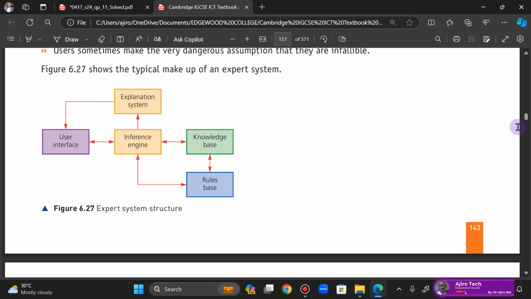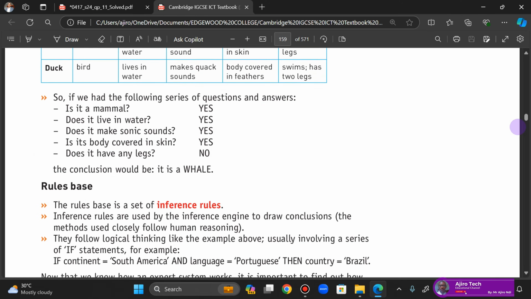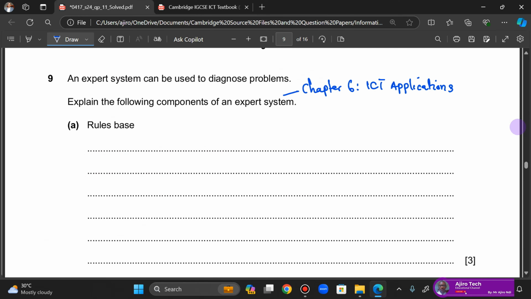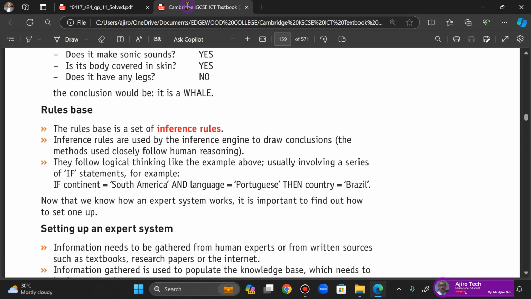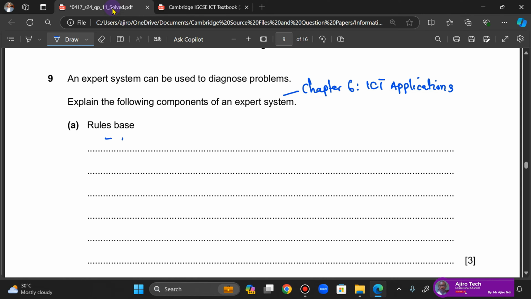Now they want to talk about the rule base. They said explain the following component of an expert system, and we're looking at the rule base. Now, this is a set of what? Inference rules. That's the first one.